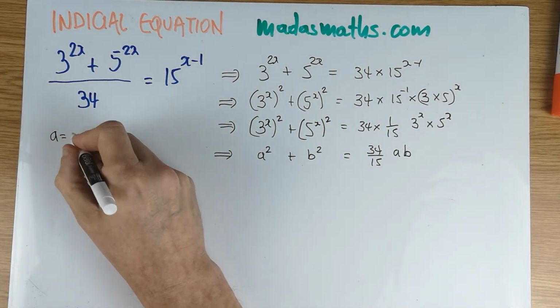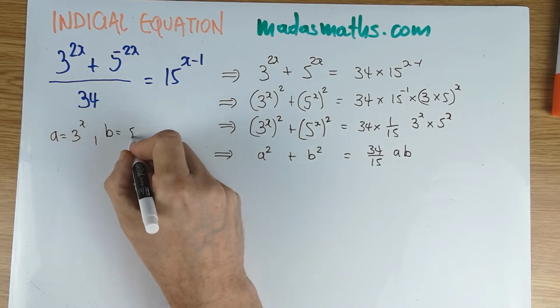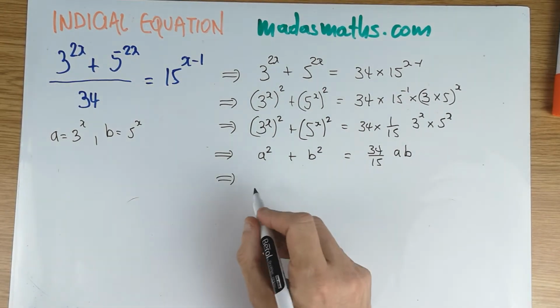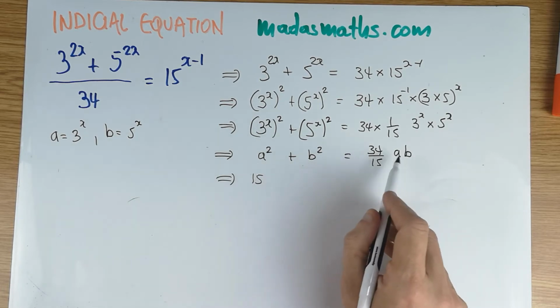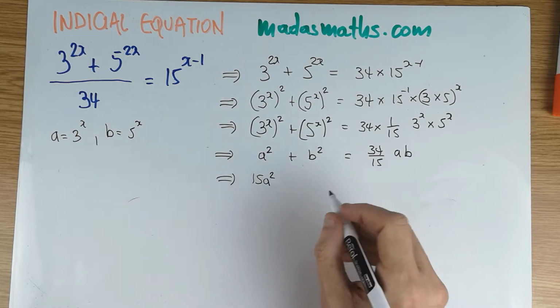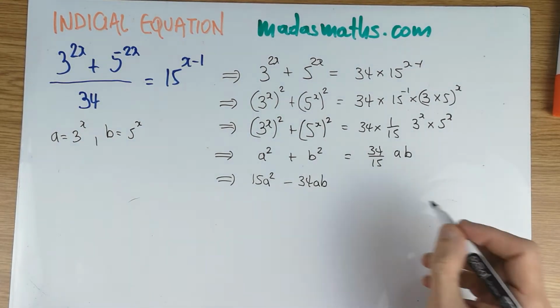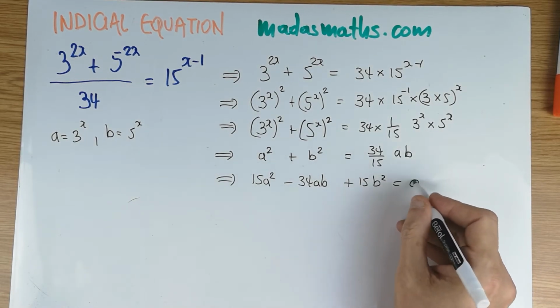The a stands for 3 to the x and the b stands for 5 to the x. And of course, an obvious step, times the 15 across and move this ab. So 15a squared minus 34ab plus 15b squared is equal to 0.